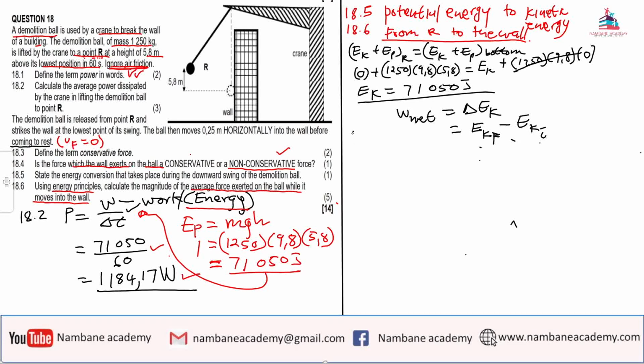So I am going to call it force of the wall multiply by changing x cos theta. That is the only formula I know of work. Then one can easily say F of the wall multiply by 0.25, then cos of 180.